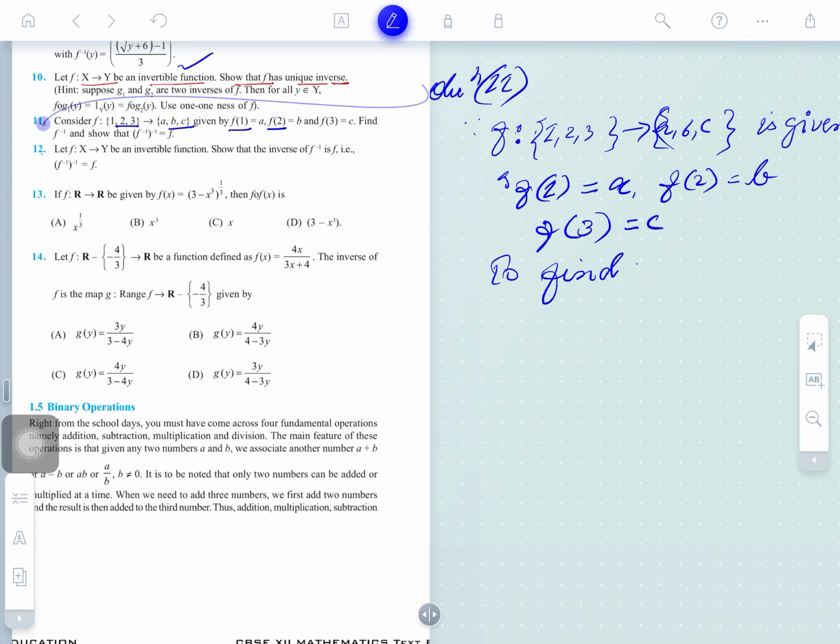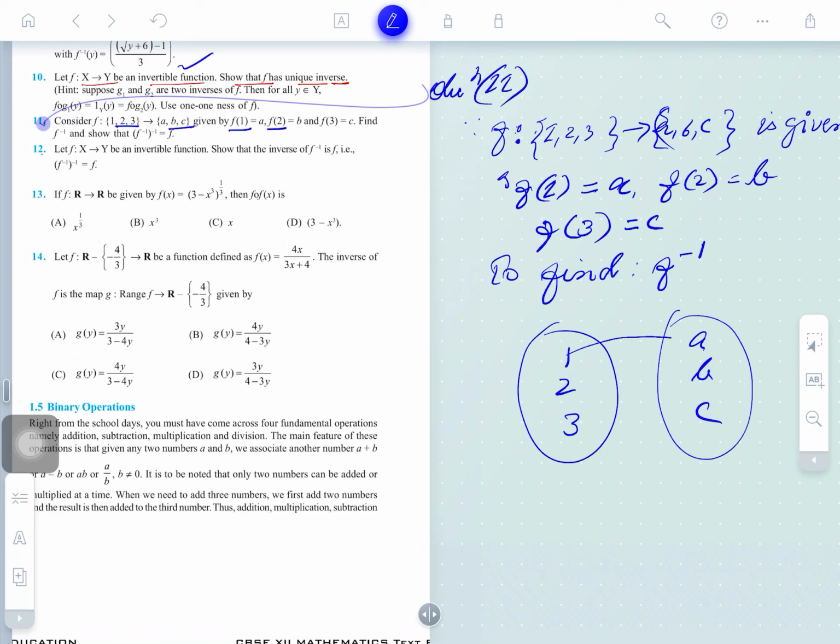To find f inverse, how can you find it? Simply you need to draw the mapping diagram. It's 1, 2, 3 and a, b, c, 1 giving a, 2 giving b and 3 giving c under the f function.